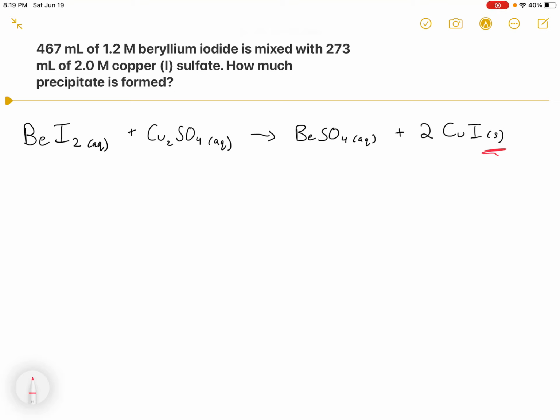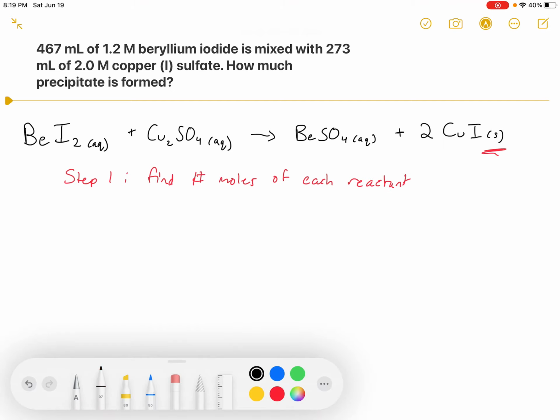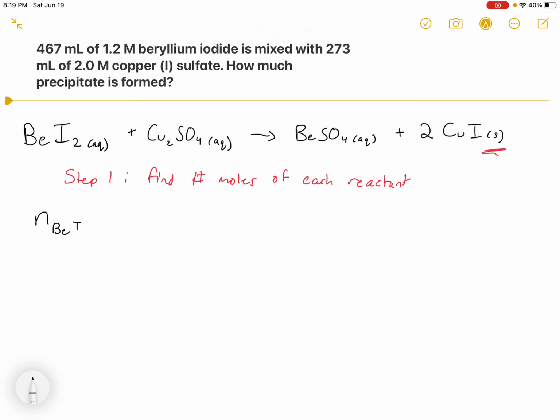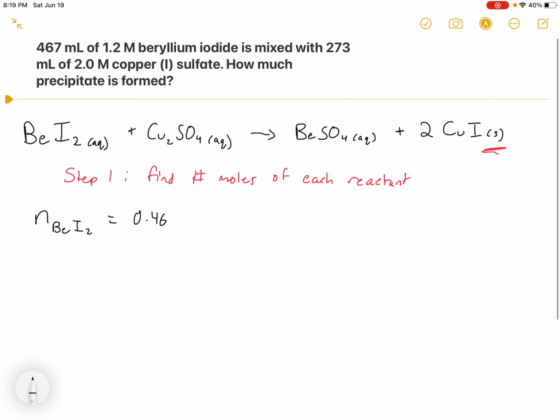So since we know this is a limiting reactants problem, first we know we're going to have to find the number of moles of each reactant. So the moles of beryllium iodide are 0.467 liters times 1.2 moles per liter.